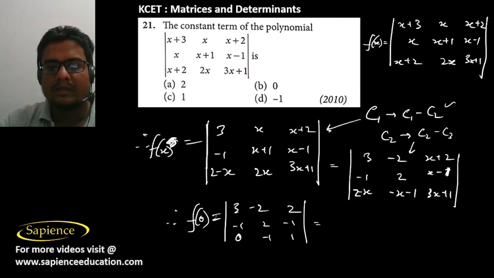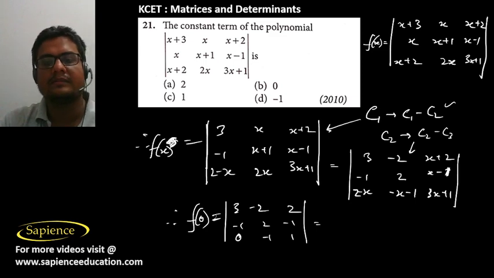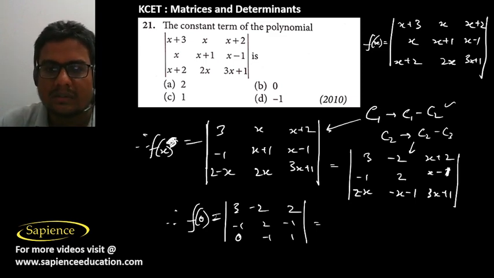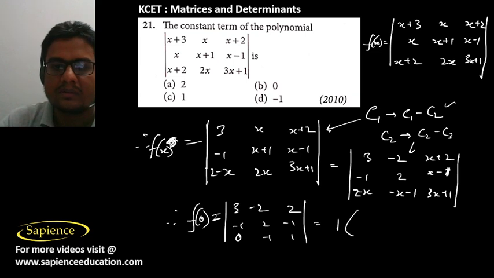So then again, if we expand this determinant along the third column, then we will have, this is a31, a32, a33. So this is minus of minus 1 into this row, and this row and this column we have to exclude.